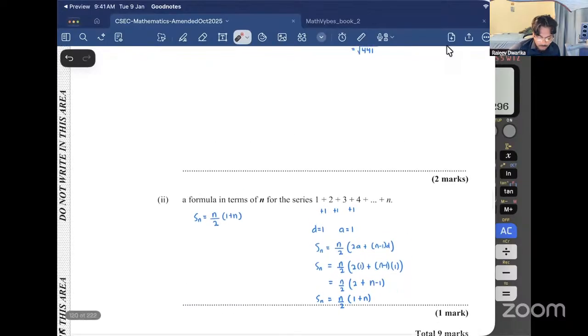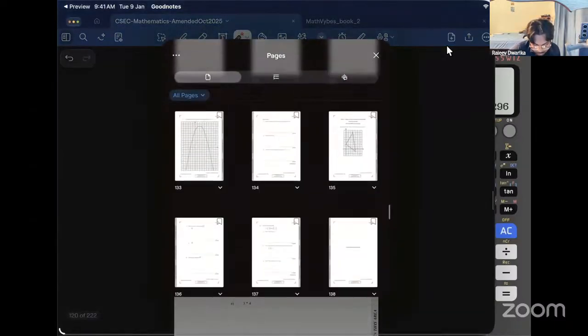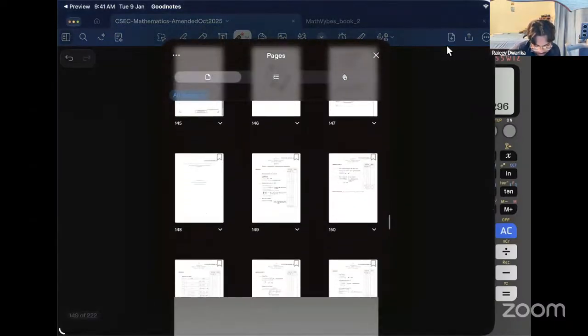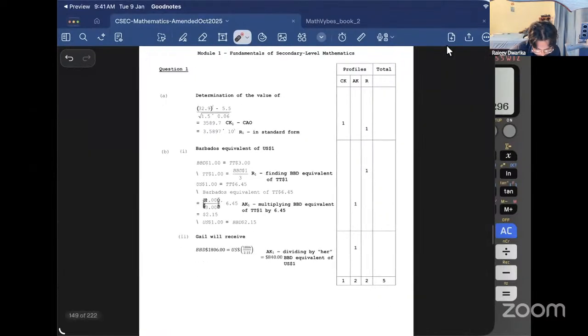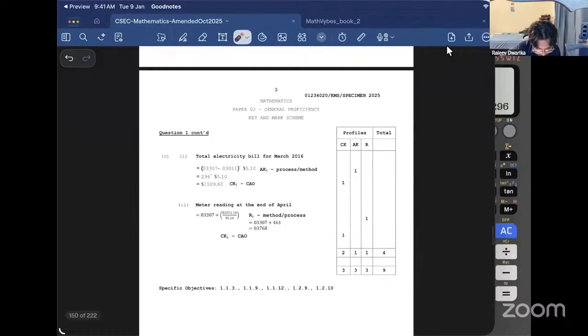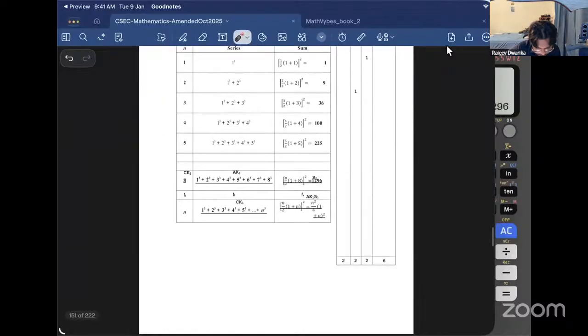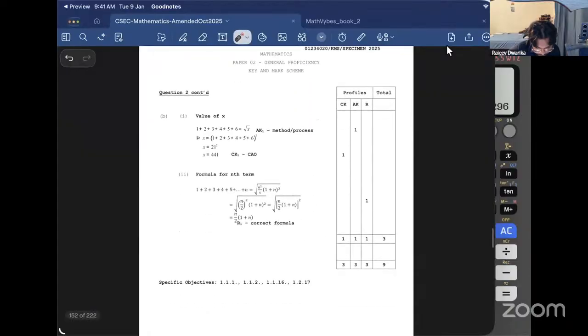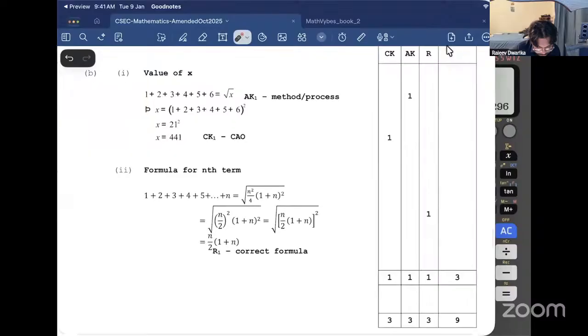I was really surprised that they brought this question. Let me look at the marking scheme to see how they would have expected you all to figure that out. Interesting.